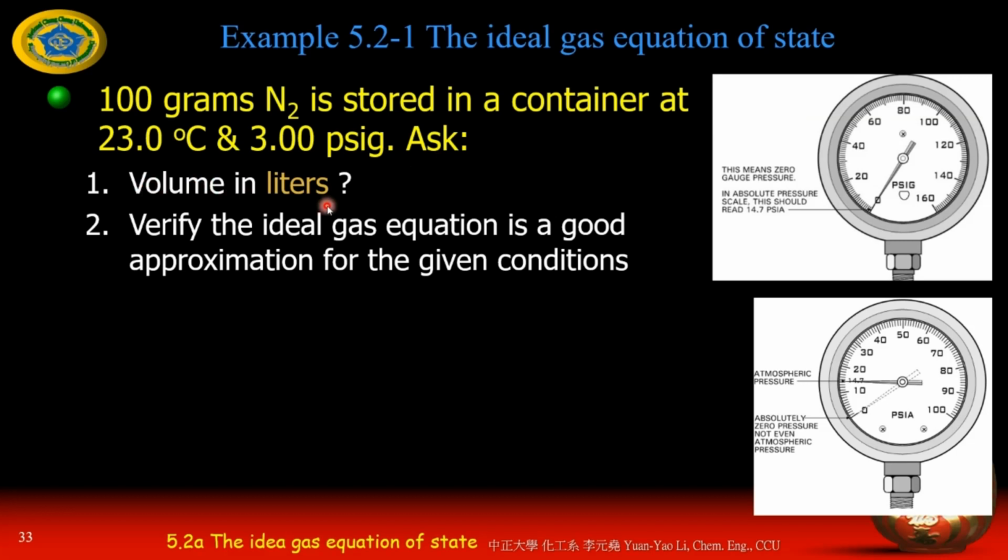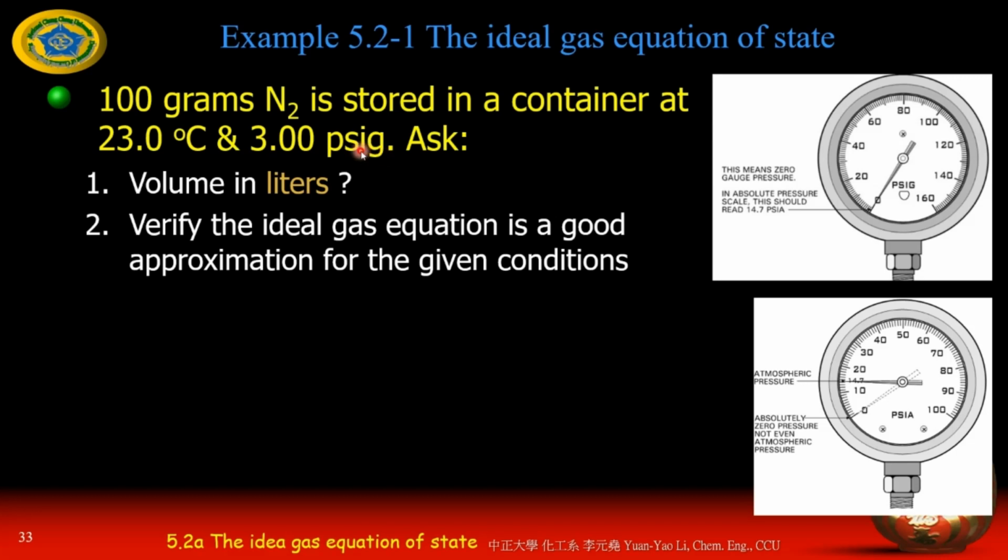Can you get an answer for me? Yes, you can, because if you know the molecular weight and the grams, you know the moles. And you know PV equals nRT, the Celsius needs to change to Kelvin. And this is 3 psig, in the American engineering system, so you need to change it to atm.